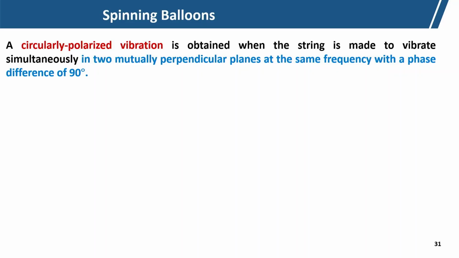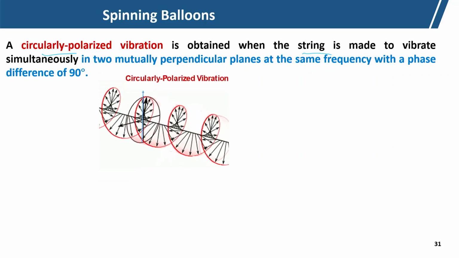Circularly polarized vibration is obtained when a string is made to vibrate simultaneously in two mutually perpendicular planes at the same frequency with a phase difference of 90 degrees. So, this is important.